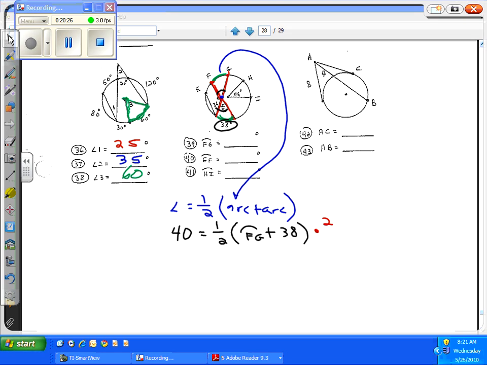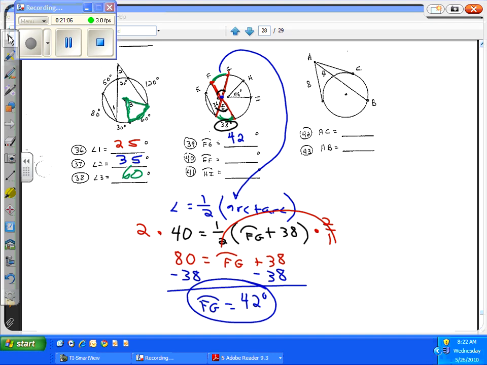Let's just do that, because we learned if we don't like fractions, we just multiply by the reciprocal and get rid of it. And so we're going to have 80 is equal to arc FG plus 38. We're going to undo addition by subtraction. And so we get arc FG is equal to 42 degrees.